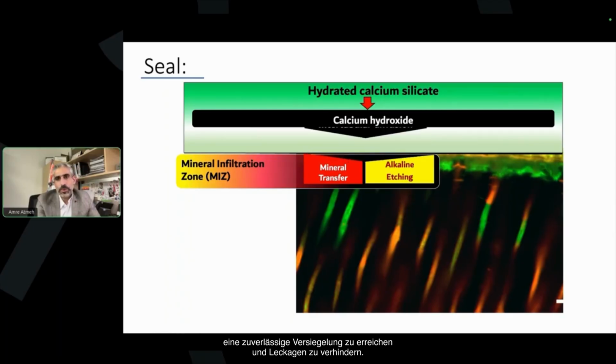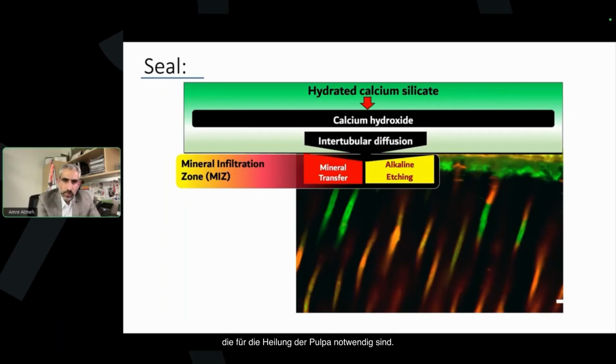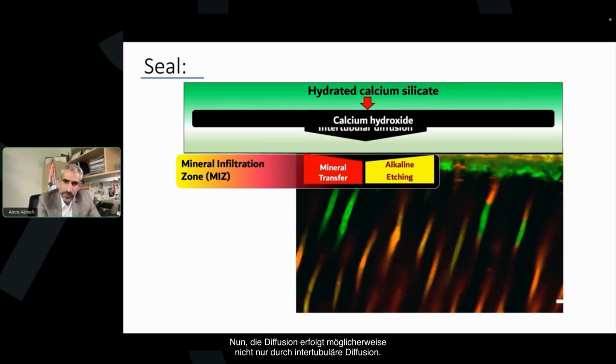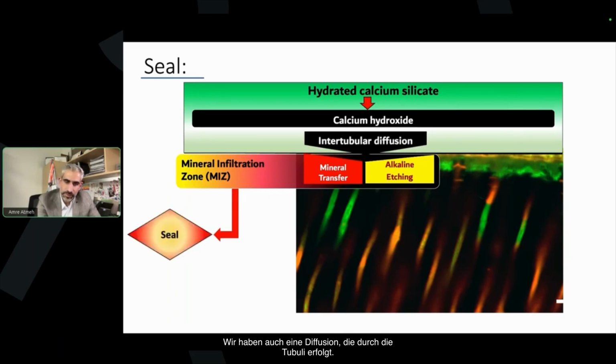Now, why does it matter? Why are we talking about this? Because one of the main factors that we started the discussion about was how the material plays a role in indirect pulp treatment, and we said that the most essential role is seal. So if we have a material that can interact with dentine in this format, then that's a sign of a proper seal that could be provided by the material.